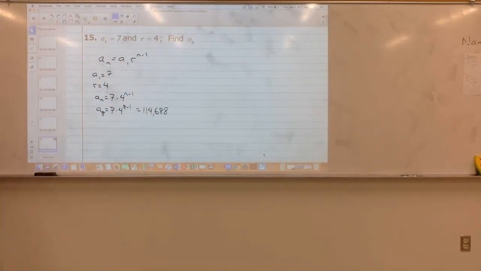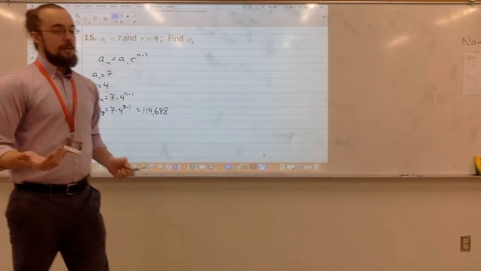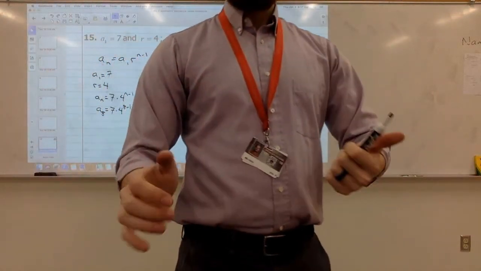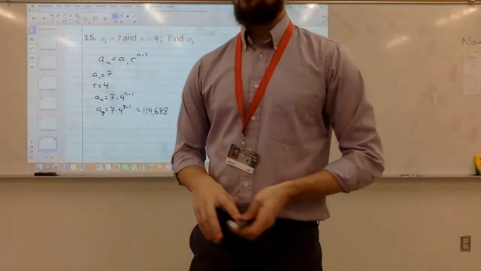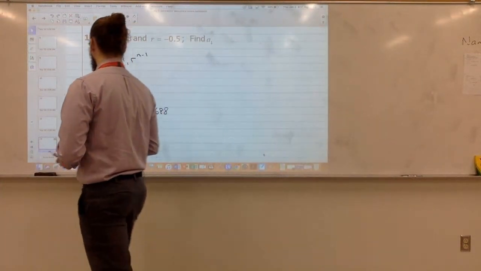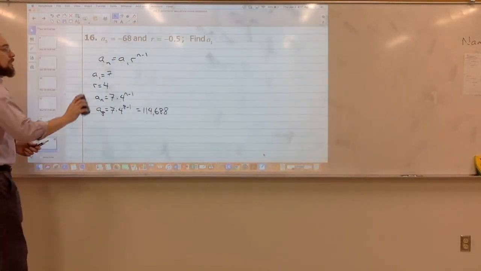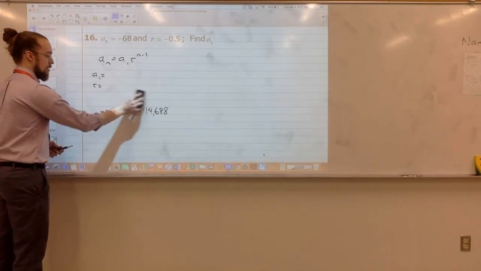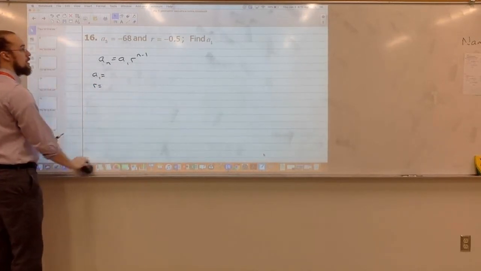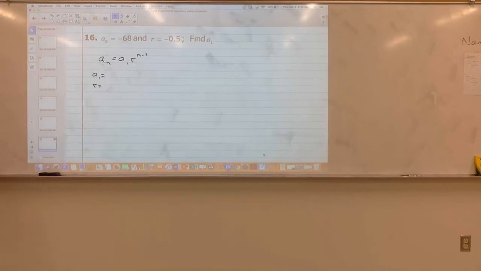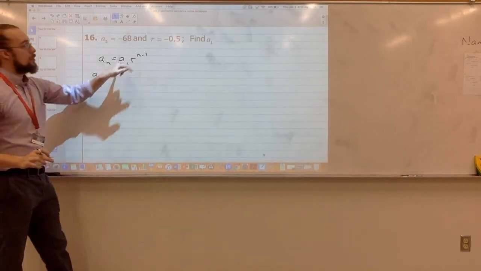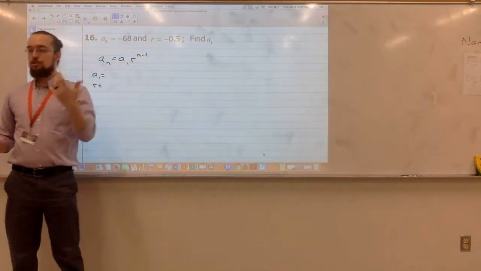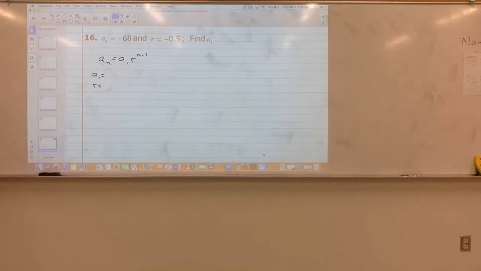So on the next couple, though, we are not just given those pieces of information that we need. On this one, what I'm given is the fifth term and the common ratio. And using that, I want to write the rule and also find the first term.